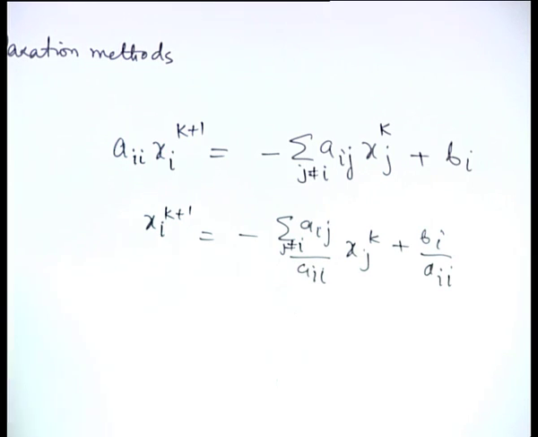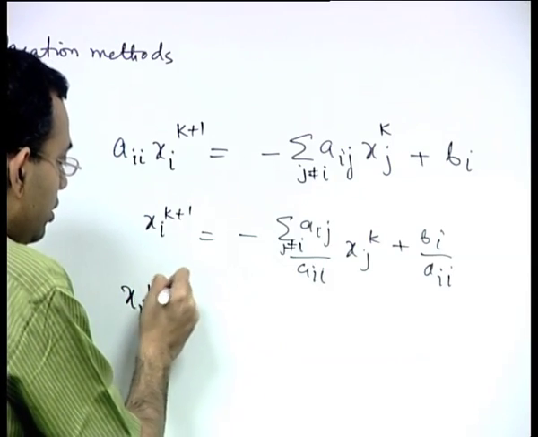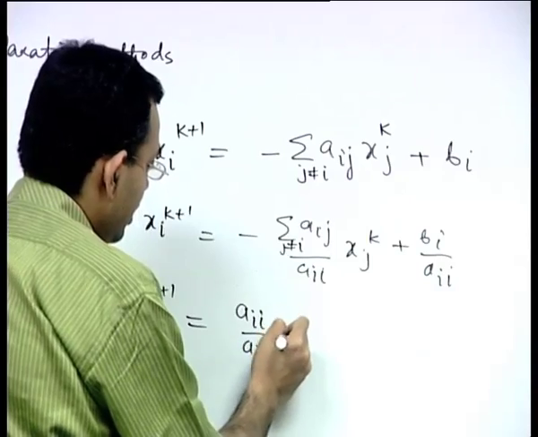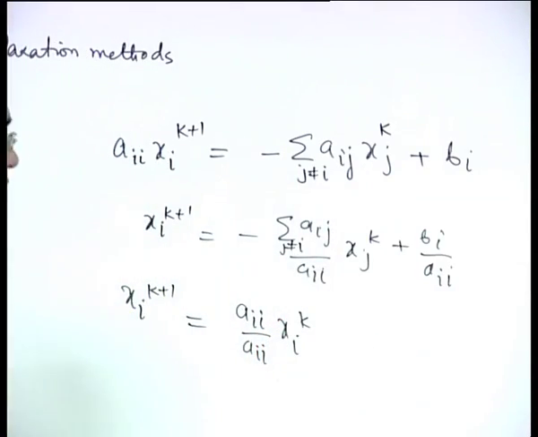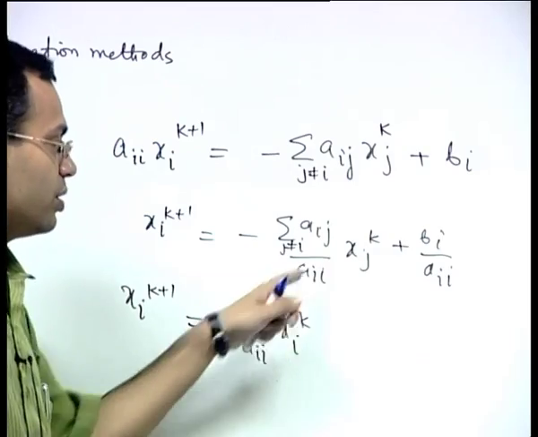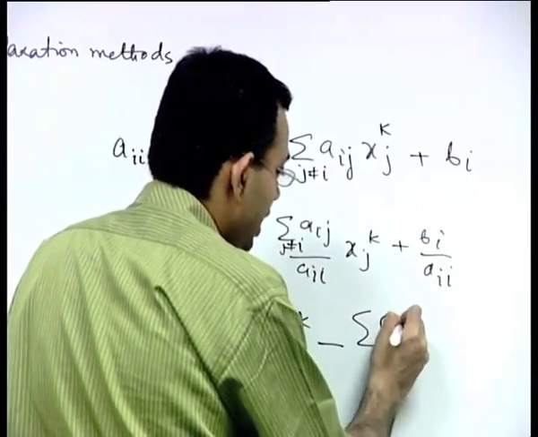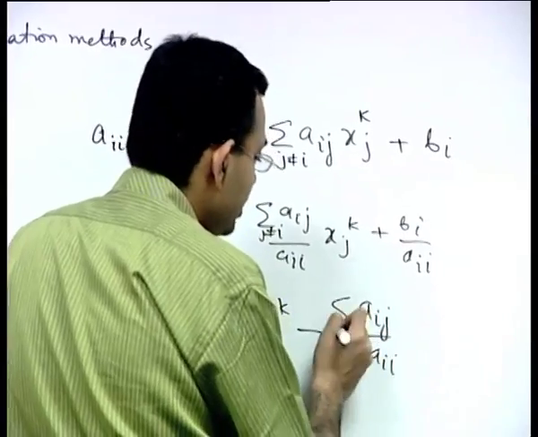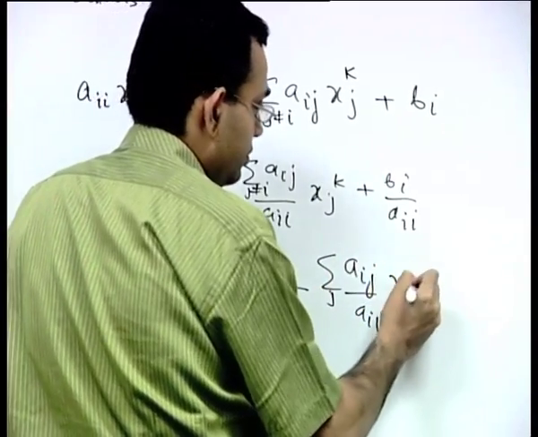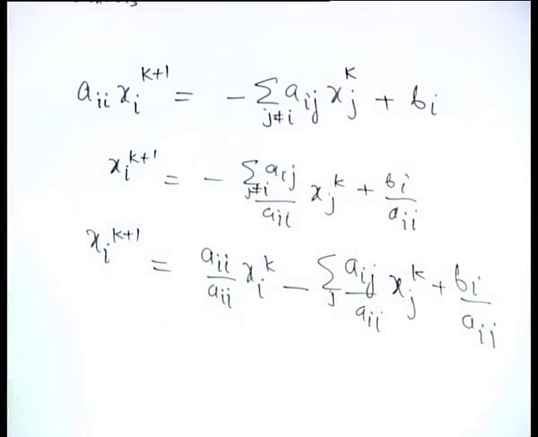Let us try to write this x_i^(k+1) in terms of x_i^(k). So, what we do is we write this as a_ii by a_ii x_i^(k), then we also have to subtract a_ii by a_ii x_i^(k). So, if we combine that with this negative term, then what we get is minus summation of a_ij by a_ii, but now j can be equal to i. So, one extra term we add. This is clear to everybody.